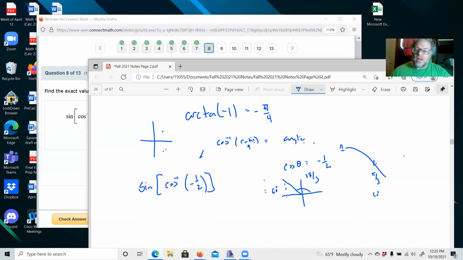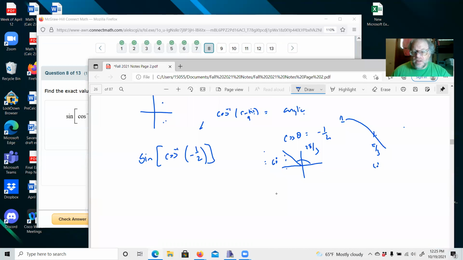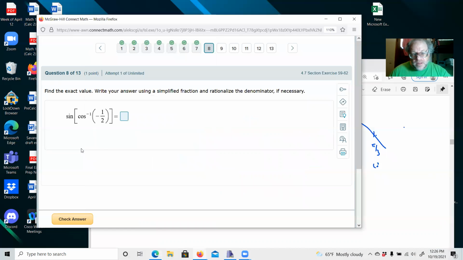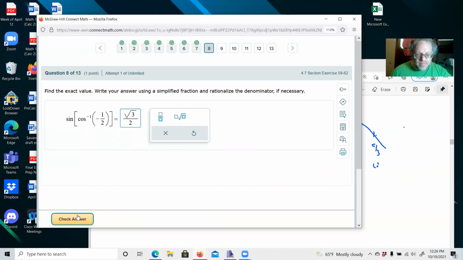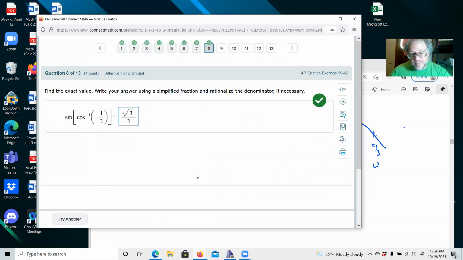And we're going to take the sine of 2 pi over 3, and we're going to get square root of 3 over 2. Because again, the reference angle here is pi over 3, and the sine of pi over 3 is square root of 3 over 2. So we're going to say the square root of 3 over 2. Okay, we're happy.